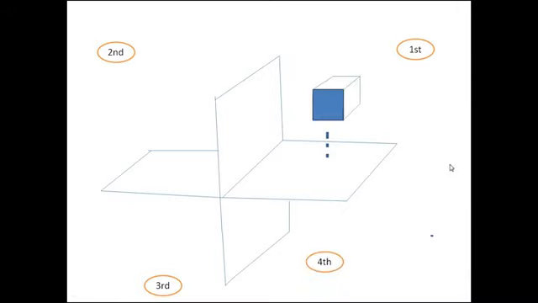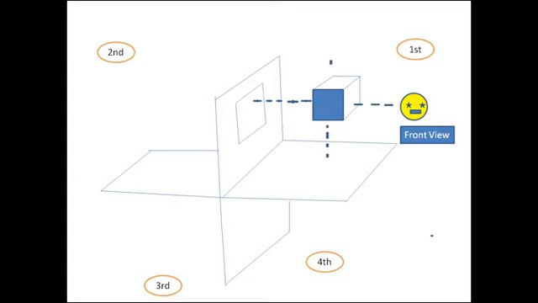Now we assume an object in the first quadrant, and our observer will stand here. We want to see the front view. When you want to see the front view, the projection of this object will fall on this vertical plane. This is our front view projection.